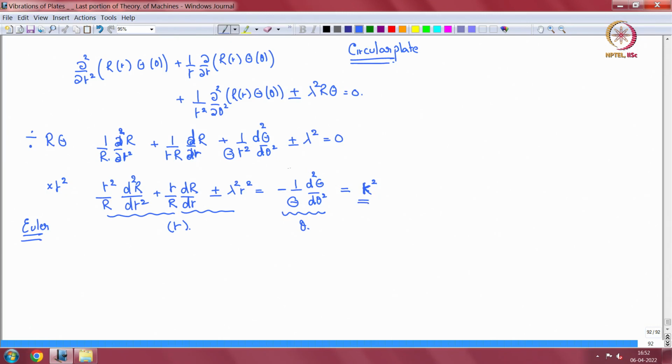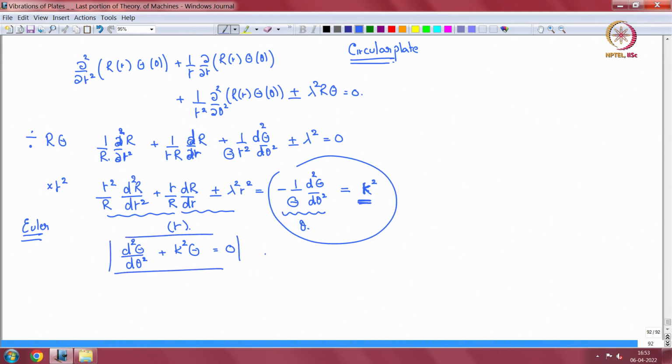So first we combine this and that. If we do that, we get d2 theta d theta square plus k square theta equal to 0. Okay. So now the important thing over here, why we chose k square as a positive real number, is that this now looks like your spring and mass system whose solutions are stable sinusoids.